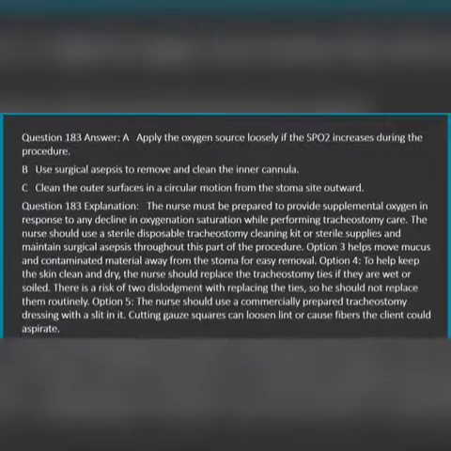Option 4, to help keep the skin clean and dry, the nurse should replace the tracheostomy ties if they are wet or soiled. There is a risk of tube dislodgement with replacing the ties, so he should not replace them routinely. Option 5, the nurse should use a commercially prepared tracheostomy dressing with a slit in it. Cutting gauze squares can loosen lint or cause fibers the client could aspirate.